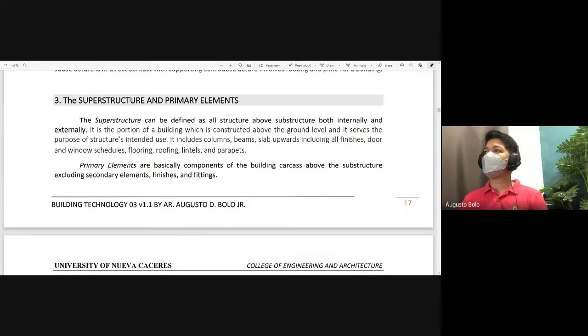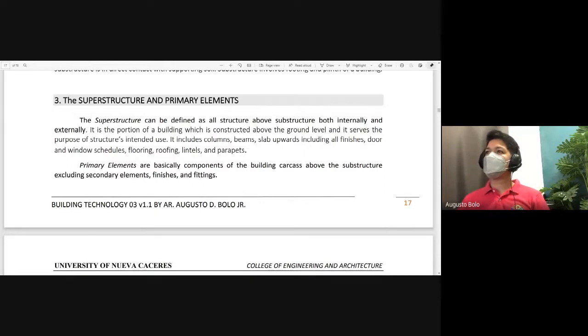So, portions of the building which is constructed above the ground serves as your superstructure with intended use, like primary elements na before the primary elements, yung pinaka pundasyon niya, pundasyon above the main core house, we have columns, beams, slab upward, including all the finishes, schedules of course, doors and windows, the flooring, the roofing, lintels, and parapets. Those are part of your superstructure.